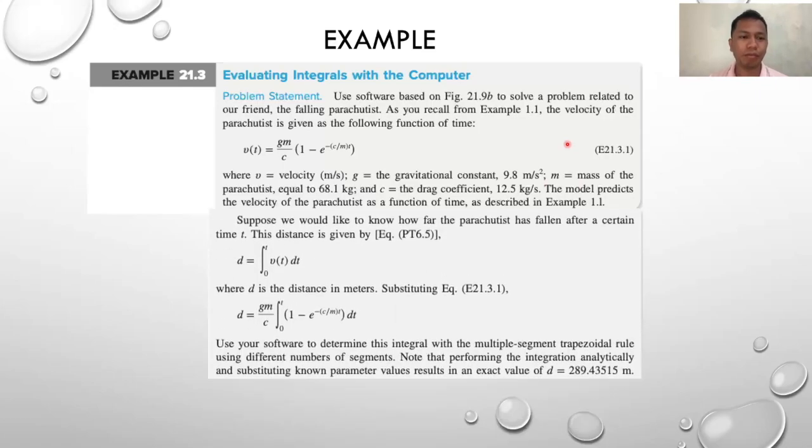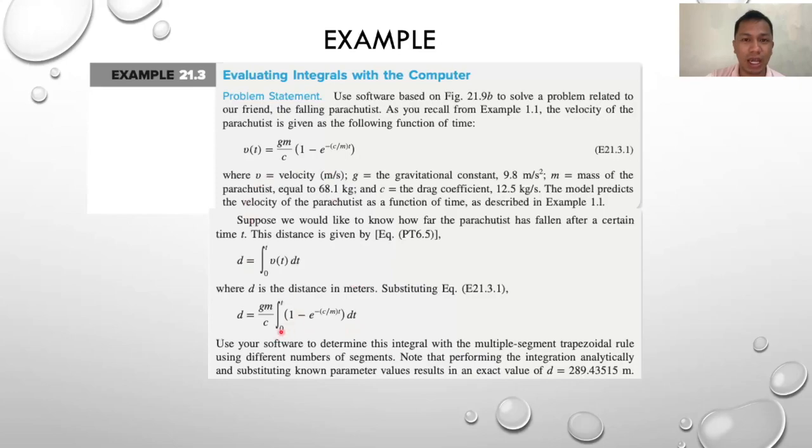The model predicts the velocity of the parachutist as a function of time, as described in example 1.1. Suppose we would like to know how far the parachutist has fallen after a certain time t. This distance is given by this equation, where d is the distance in meters, and we will substitute this equation to the given formula as a function of time.